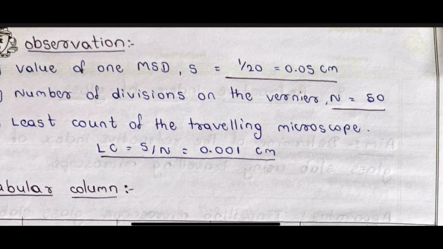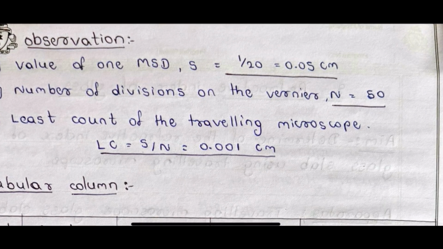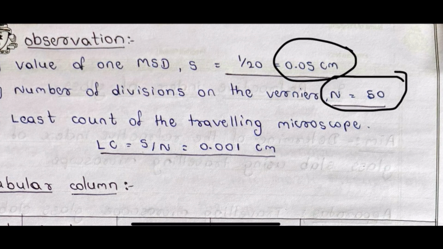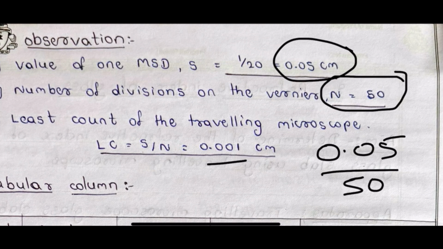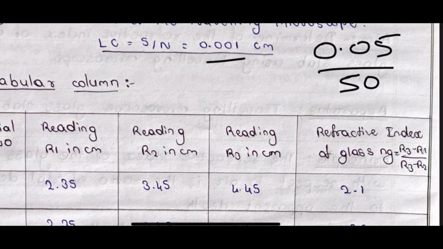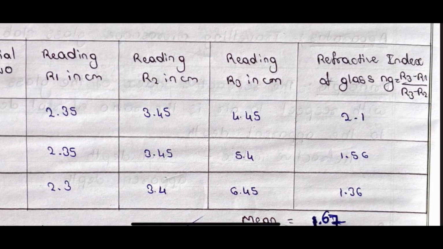And this is the observation for finding the least count. This is the value of 1 MSD, 0.05. This is the total number of vernier divisions, 50. 0.05 divided by 50 gives 0.001.